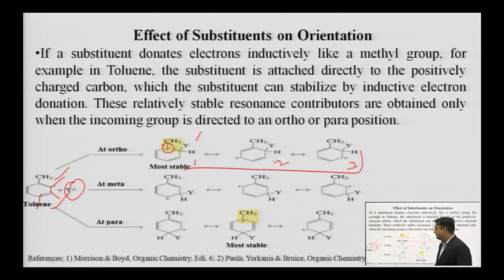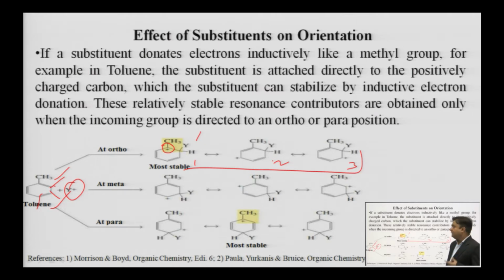As you can see, after examining all 3 possible attacks on ortho, meta and para positions, at ortho and para positions we are getting a resulting carbocation in which one resonating structure is a tertiary carbocation.